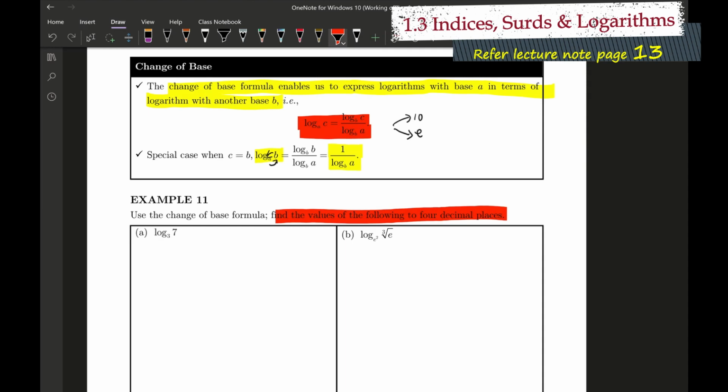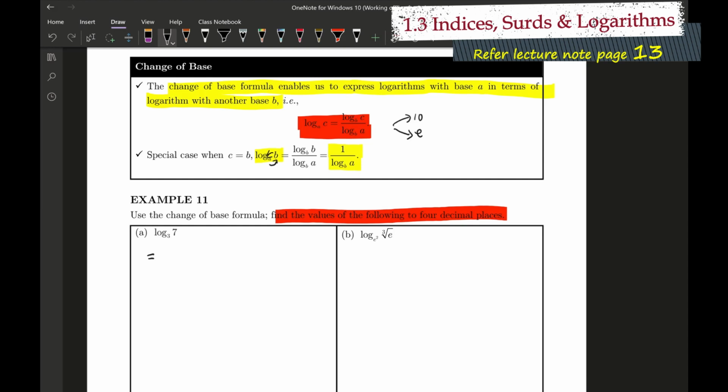So, what can we do here for this question? How to change the base? Obviously to use a calculator, we change it to log base 10 or base e only. Let's say we use base 10.